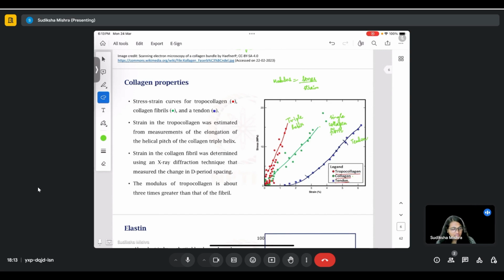Now, as you can see, since the slope for the triple helix is higher, the Young's modulus for the triple helix is more than that of a single collagen fibril.